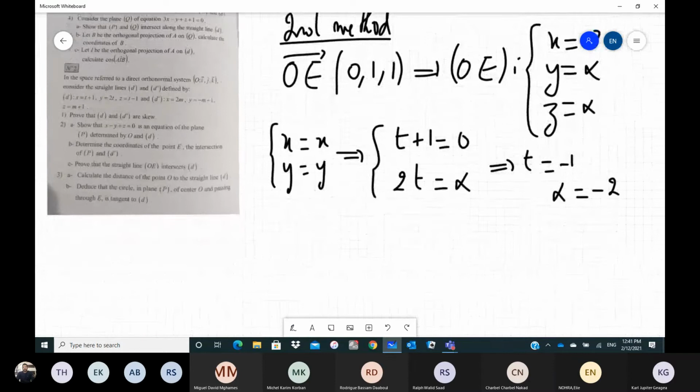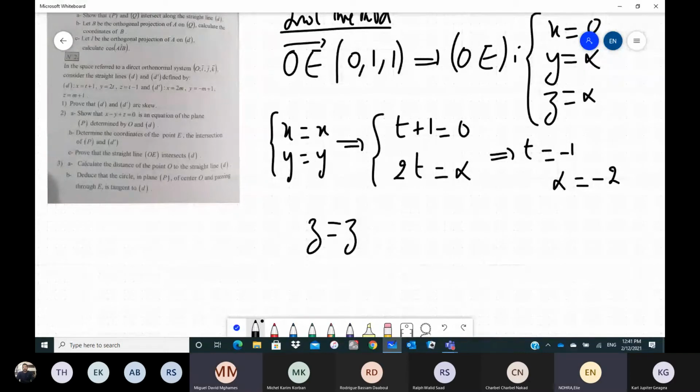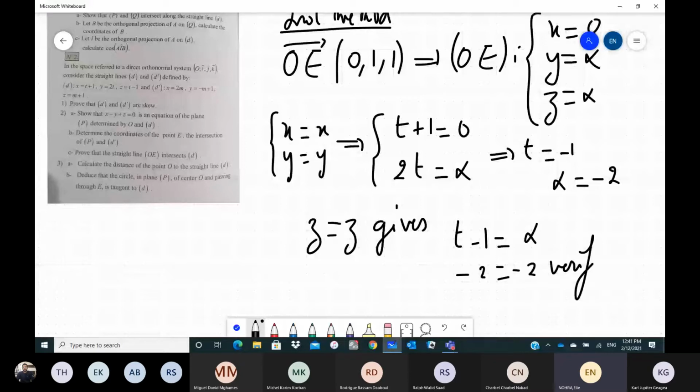Then z equals z gives t minus 1 equals alpha, meaning -2 equals -2, verified. Did we all understand?